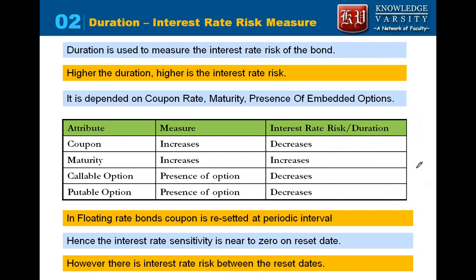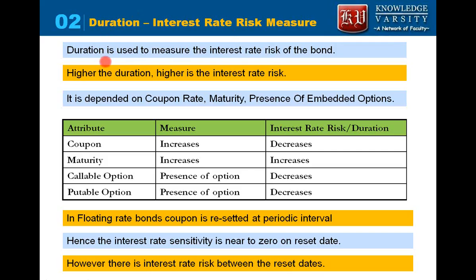Just try doing this in the calculator and you can see what I'm talking about. Now we are covering risks, and we have seen that interest rate risk is the most important risk measure. In practice, interest rate risk is measured using duration. So duration is a measurement of interest rate risk.